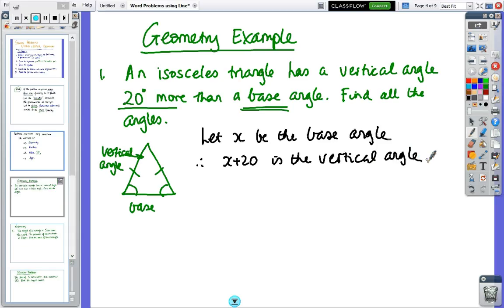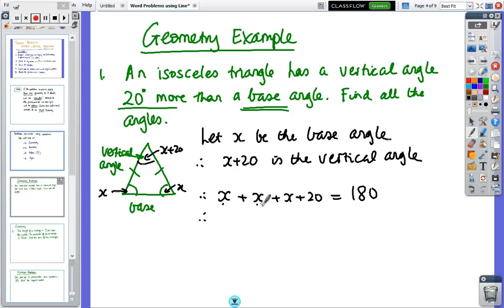Now, there is x plus 20, and that angle is x, and you need to know that the other base angle is also x because it's an isosceles triangle. Now we need to say, what's the equation going to be? Well, one base plus the other base plus the vertical is equal to 180 degrees because it's a triangle.